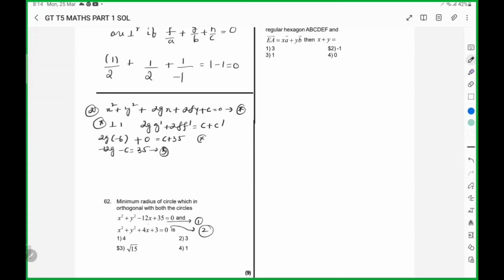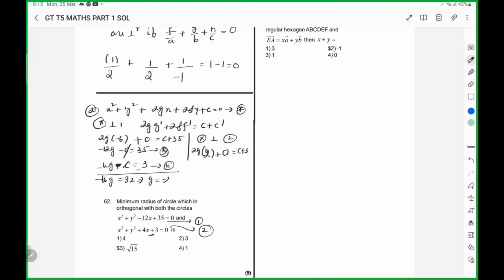Similarly, star is perpendicular to 2: 2gg', here f is not there, c + 3. It is 4g + c = 3. Solving, here it is c + c', so it is minus c. So minus 16g is 32.